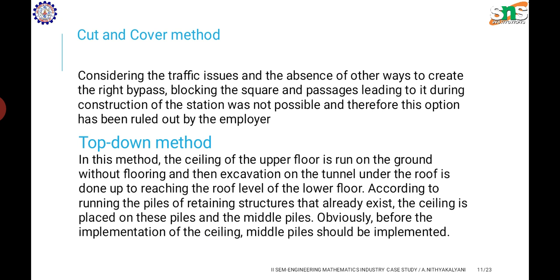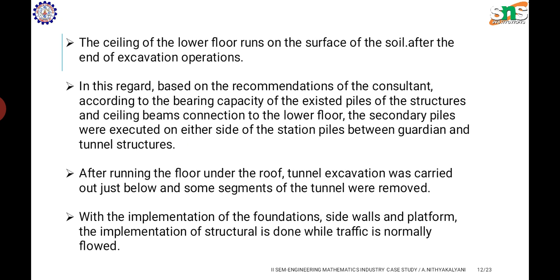Obviously, before the implementation of the ceiling, the middle piles should be implemented. The ceiling of the lower floor runs on the surface of the soil after the end of the excavation operations.